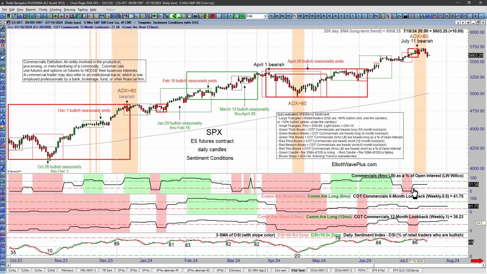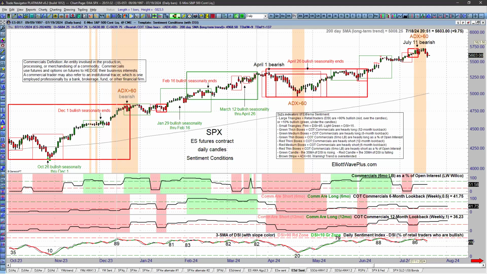Notice that we have some serious interest in getting short the market from the commercials on this daily sentiment chart here. We didn't quite get a pink zone on the 6-month look back, but it's very close. And we had an 86 on retail. 86% of retail traders were bullish on this candle. Then within that big red box, we got the first red candle.